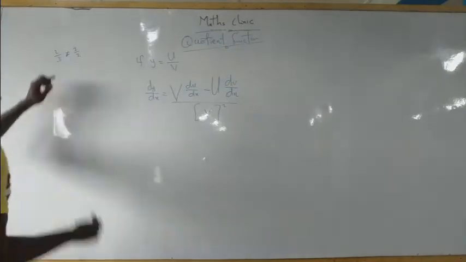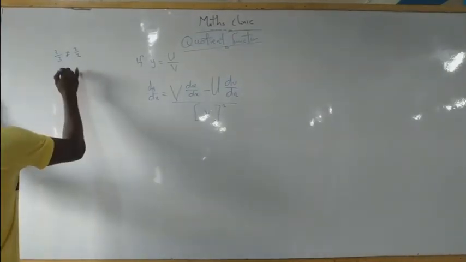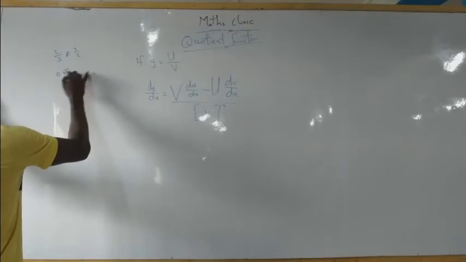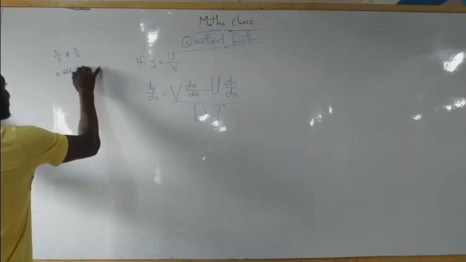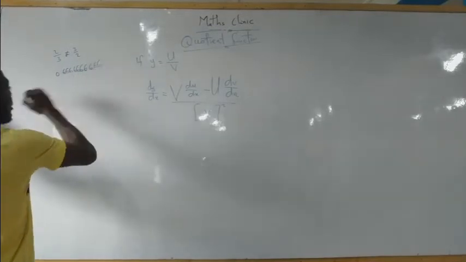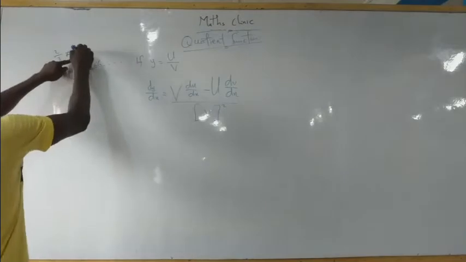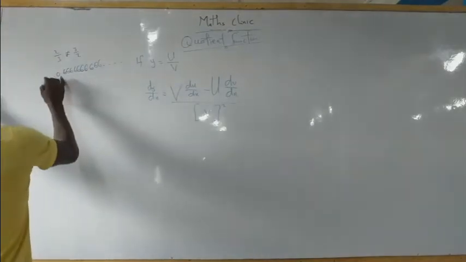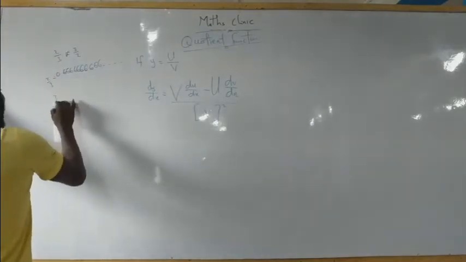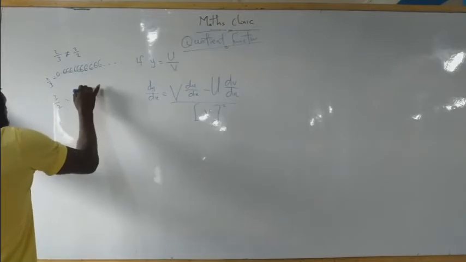Because 2 over 3 is 0.6666 and so on, while 3 over 2 is 1.5.